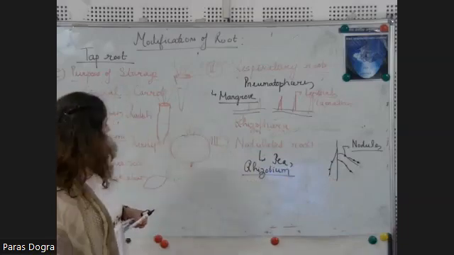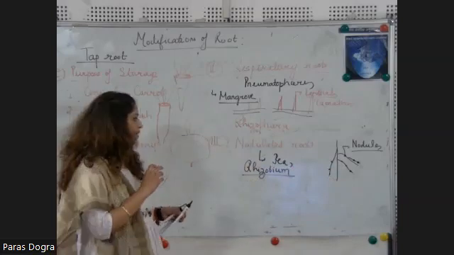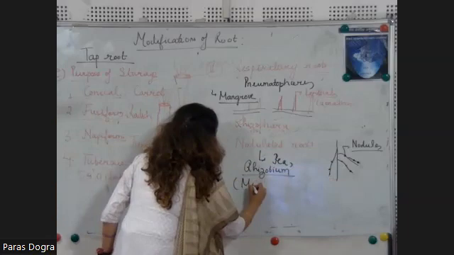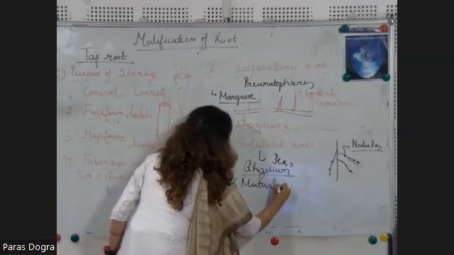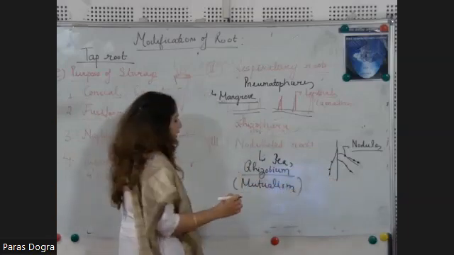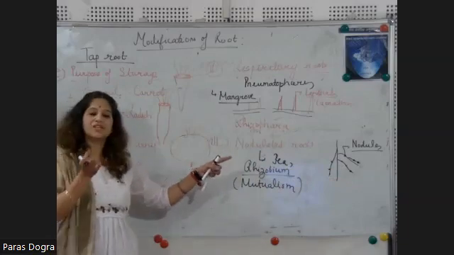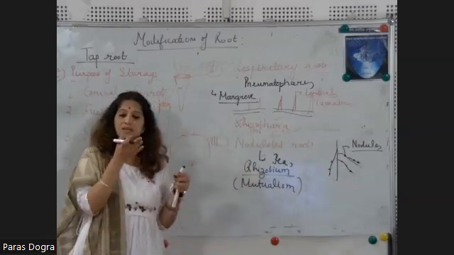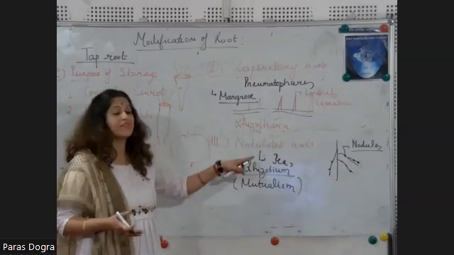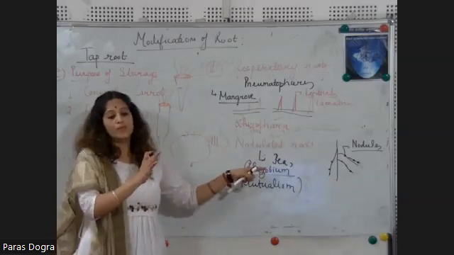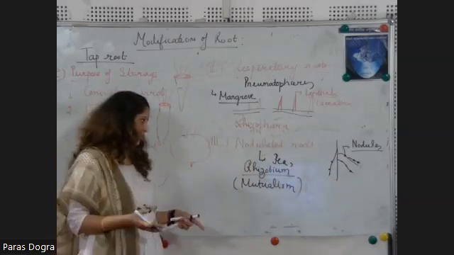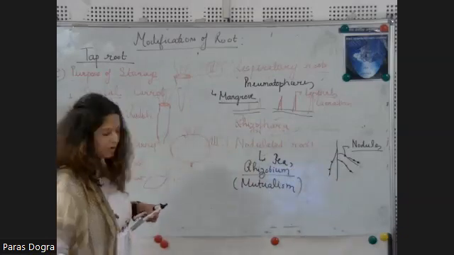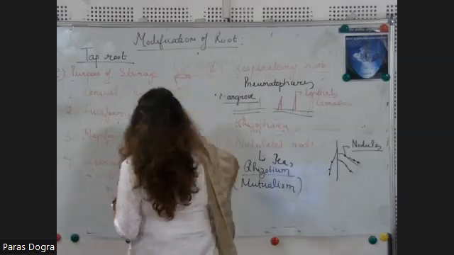One very important thing is that these nodulated roots show a mutualistic relationship, or mutualism, wherein the bacteria get nourishment from the plant, and in turn the bacteria fix nitrogen into organic compounds like nitrates. Okay, so these are the modifications of your taproot.